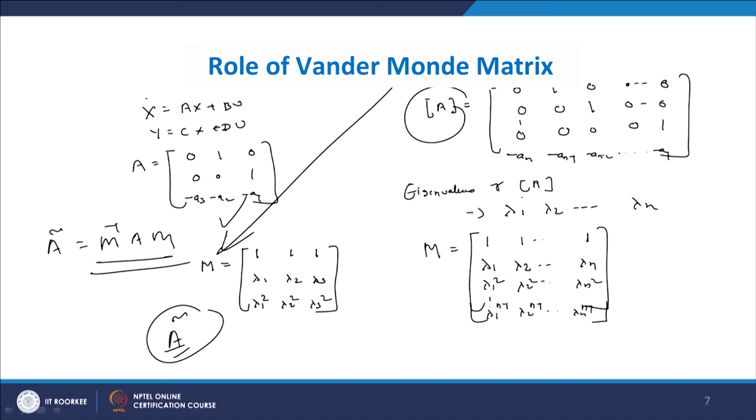Corresponding to lambda 1 this is the eigenvector, corresponding to lambda 2 this is the eigenvector, and corresponding to lambda n this is the eigenvector, and as told earlier this is called the Vandermonde matrix.